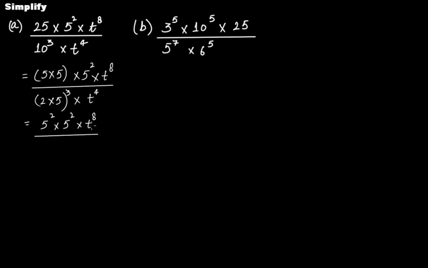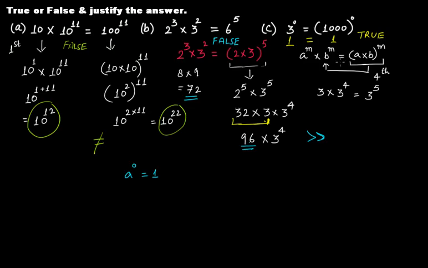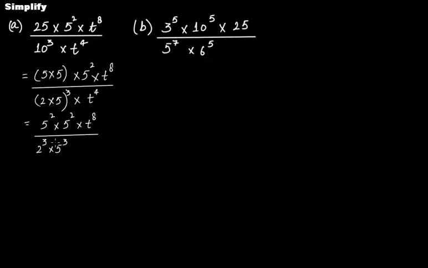Now this can be written as 2 to the 3rd power times 5 to the 3rd power. Why? We have already discussed that in the previous problem here. So 2 times 5 to the 3rd power can be written as 2 to the 3rd power times 5 to the 3rd power times t to the 4th power.